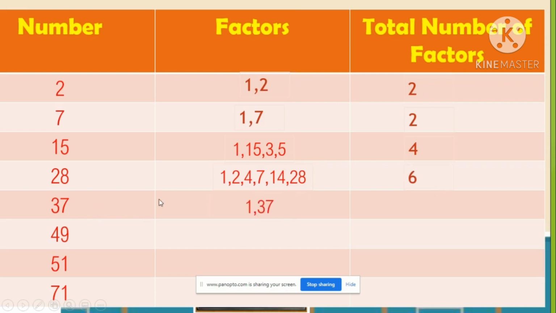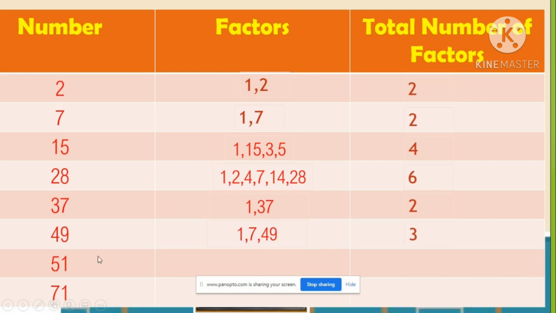Next, 37. The factors of 37 are 1 and 37. So we have 2 factors. Yung 49, yung factor naman niya is 1 times 49 and 7 times 7. Pag na-double na, wag nyo na siyang uulitin. So these are the factors now of 49: 1, 2, 3, we have 3 factors.